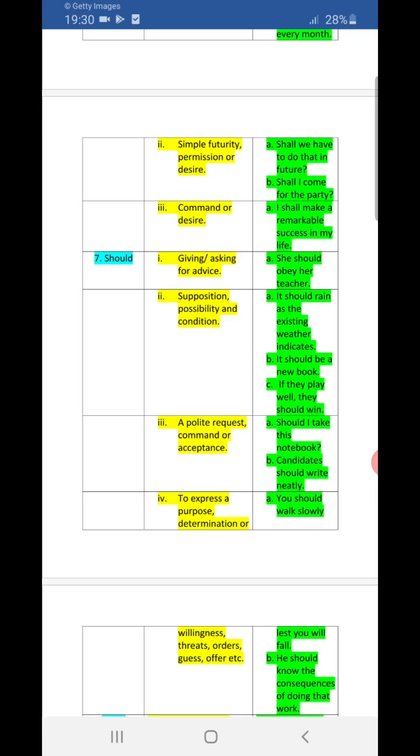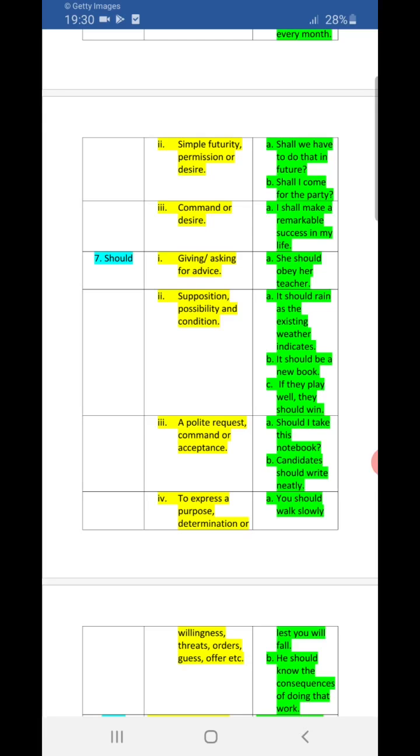Example number A, it should rain as the existing weather indicates. So it's a supposition that someone is making that it should rain.